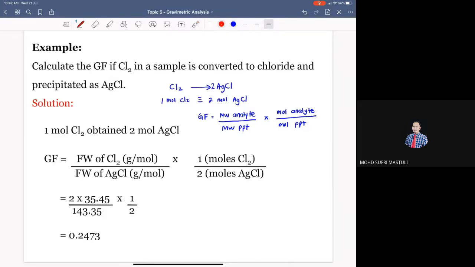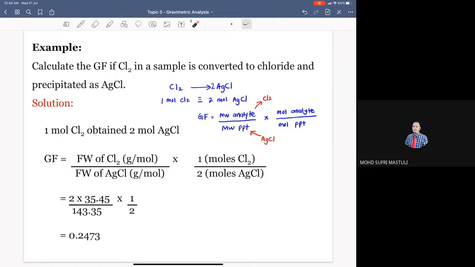The analyte we want to determine in this case is Cl2 and its precipitate is silver chloride. From the periodic table, we can calculate the molecular weight of Cl2 and also the molecular weight of silver chloride. The mole of analyte and mole of PPT can be obtained from this relationship.